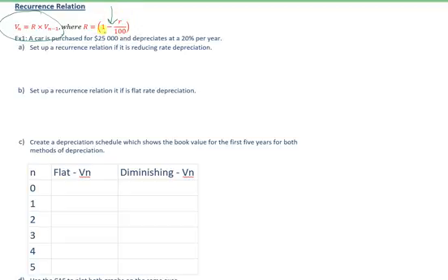If we're decreasing by 20%, we're keeping 80%. So you could write that in one big formula, Vn equals 1 minus R over 100 times Vn minus 1. Taking the previous value, multiplying it by the percent that you're keeping to get your next value.